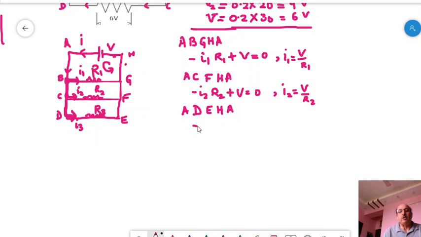The voltage fall on them is minus I3 R3 plus V, again in the same pattern. When we move from H to A, it is plus V is equal to 0. So I3 is equal to V by R3.